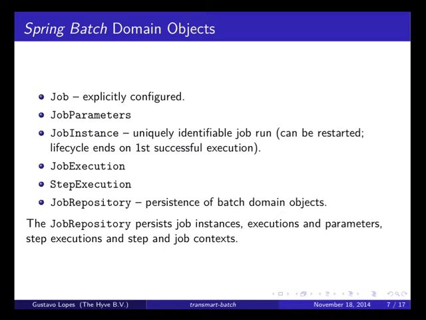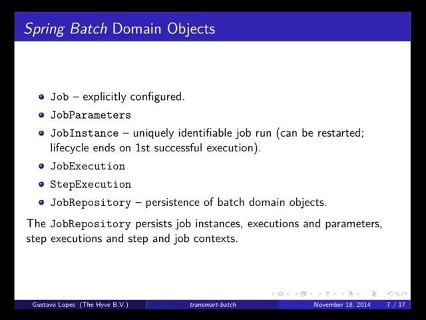Jobs are run together with parameters, and the combination of a job and the job parameters creates a job instance. A job instance is just a uniquely identifiable job run that can possibly be restarted and whose life cycle ends on the first successful execution. So a job instance can have several executions, and for instance, one can pick up where the other left off in case it was stopped midway.